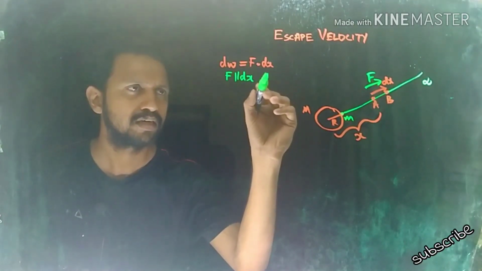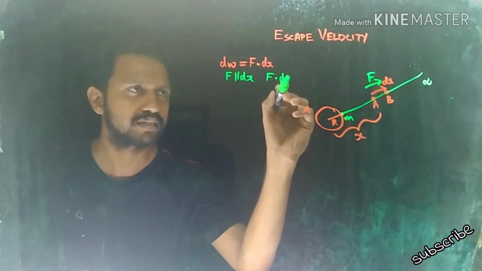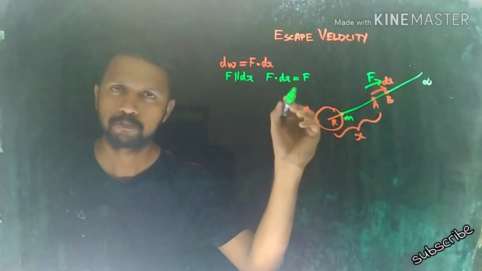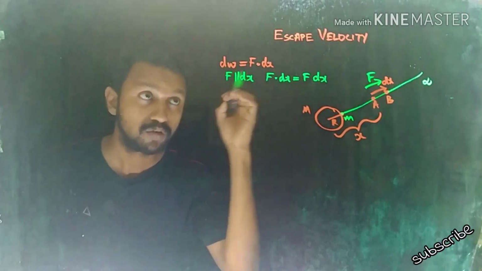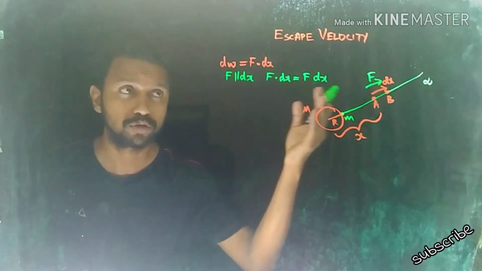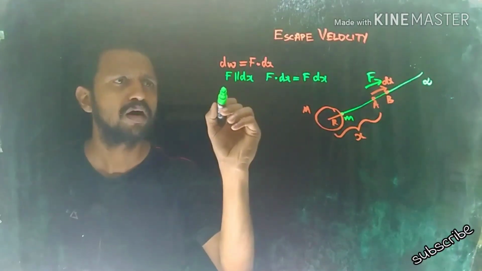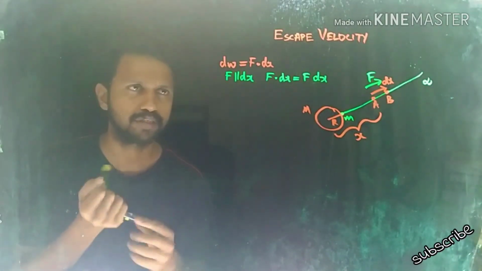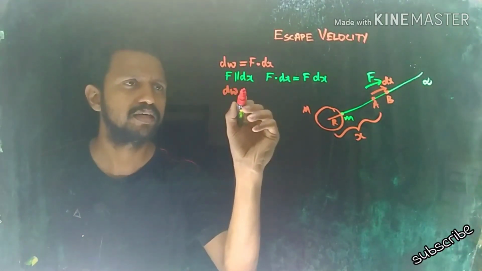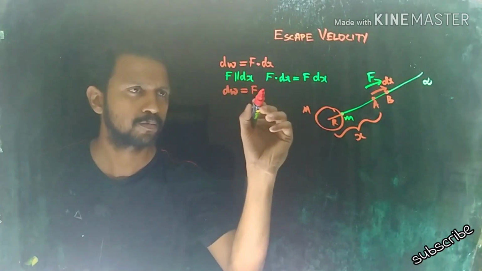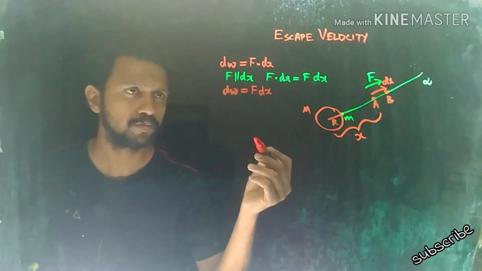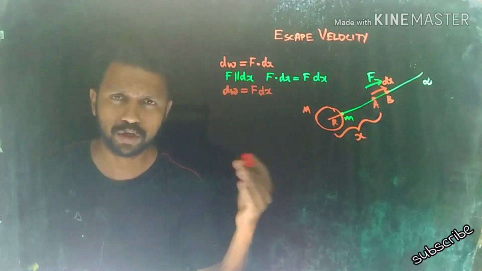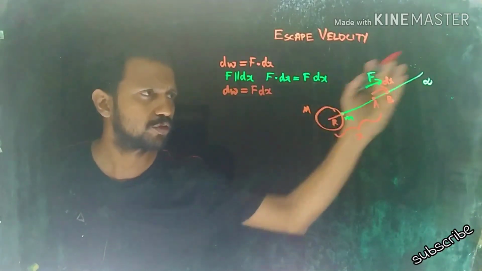As a result, F dot dx will become F dx, since cos theta will become cos 0 and cos 0's value is 1. Therefore, I could rewrite this expression as dW is equal to F dx. Clear?